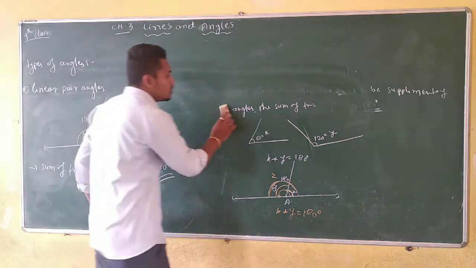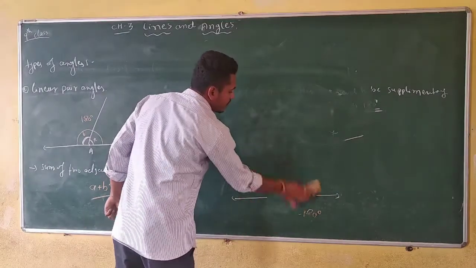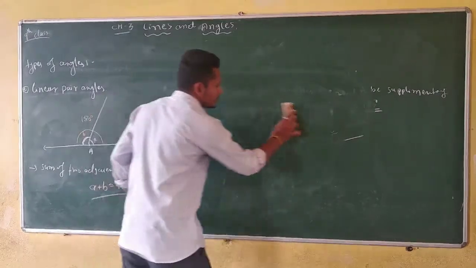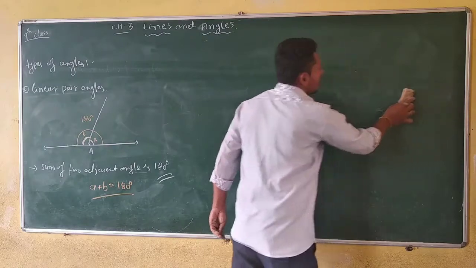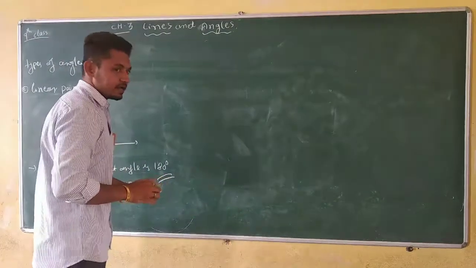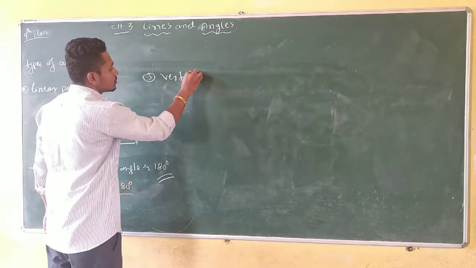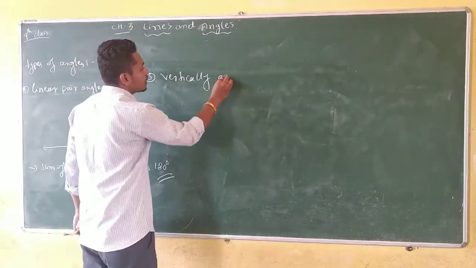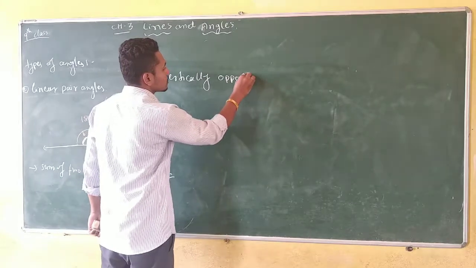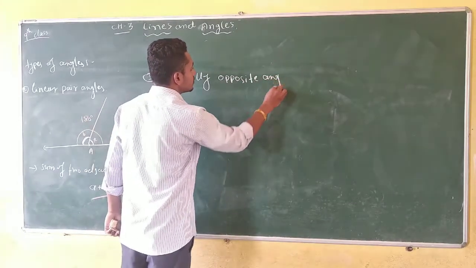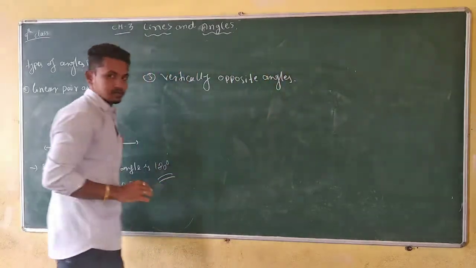Okay, so now move towards the next type of angles: vertically opposite angles.